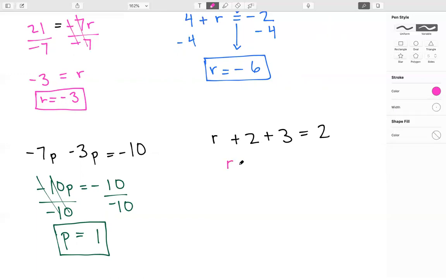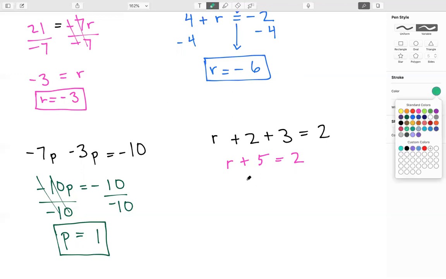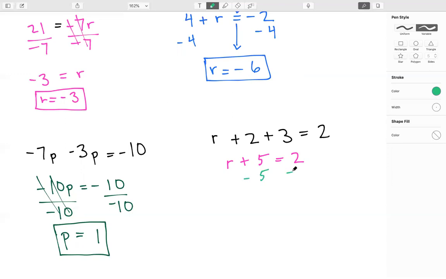Those can be combined to 5. And r plus 5 equals 2. Next step is we subtract 5 from both sides. And then r equals negative 3. And we box, and we're done.